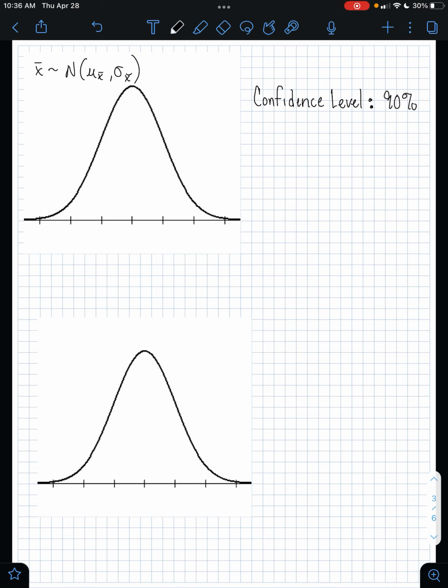Now, the way this works is that centered on mu sub x bar, we need to figure out the z-score such that the area in the middle here is equal to our confidence level of 0.90.